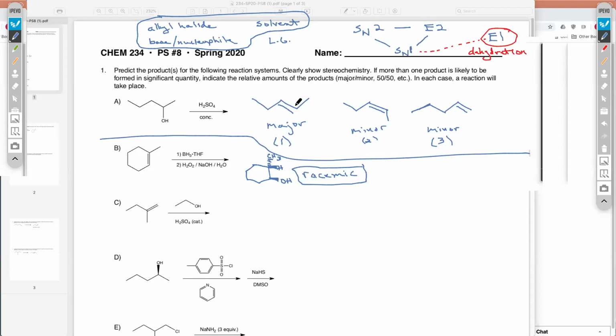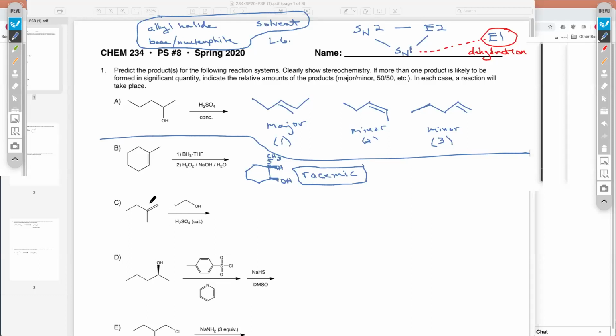Now, even though this is reversible, and I could get back to this from either one of these, I could also get to adding the OH here. So even though this is reversible, you could also get other reactions to take place. But if you're thinking about this in that reversibility concept, this is very similar to the reverse of this reaction. Instead of using water, we're using an alcohol, ethanol, but we're still using H2SO4 catalytically.